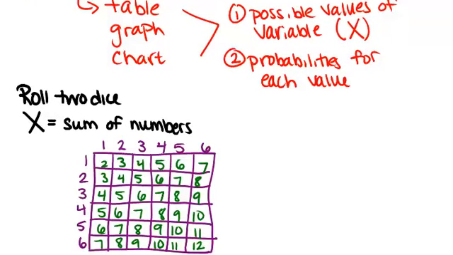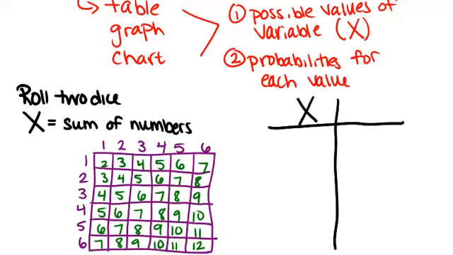Now that we have a table that shows the possible sums, we can make a probability distribution. The two key parts of our probability distribution are a part that shows the possible values for the variable, in this case the possible values for the sum, and also the probability for each. So I'm going to make a table that has two columns, one for x and one for the probability of x.